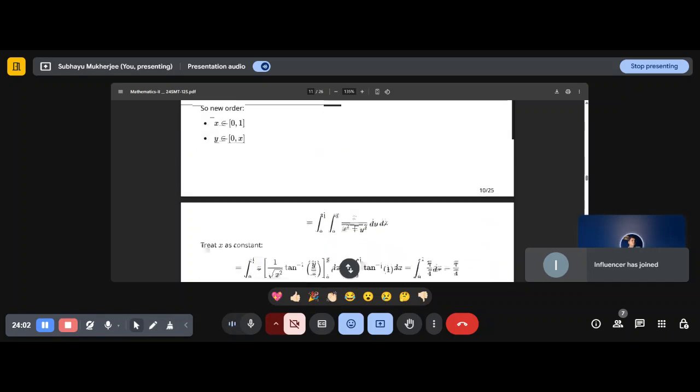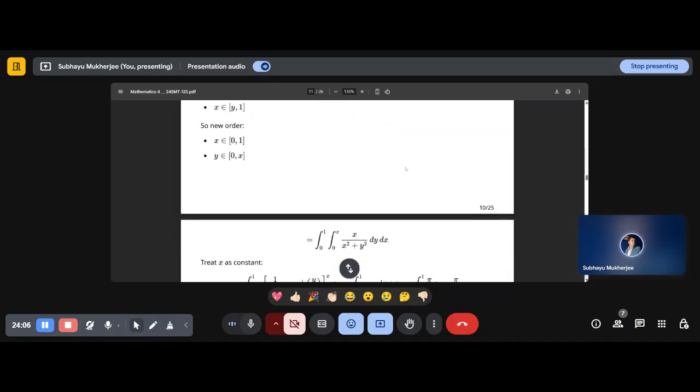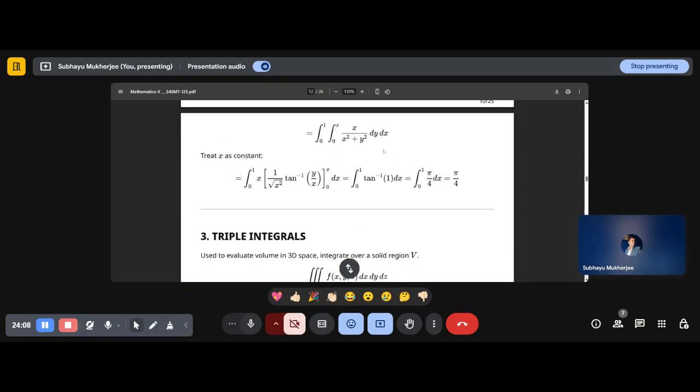In most cases, change of integration order helps us integrate more efficiently, because if we integrate with x first, there will be some difficulty in this sum. So just see all the questions properly and then apply it, so that you know where to change the order.